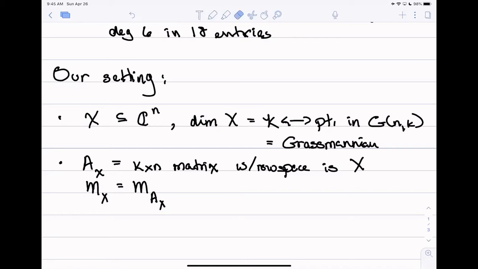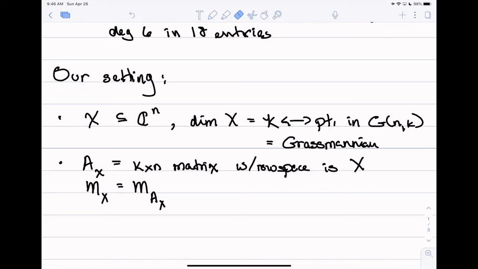The column space will change if I take a different basis for the row space. But one thing is preserved, and this is really important. The sets of columns that are linearly independent stay invariant under a change of basis for the row space. So even though if I take a k-dimensional subspace and a k by n matrix whose rows are a basis for that space, the matrix isn't unique, the sets of linearly independent columns are. So I get a well-defined matroid, even if not a well-defined matrix.